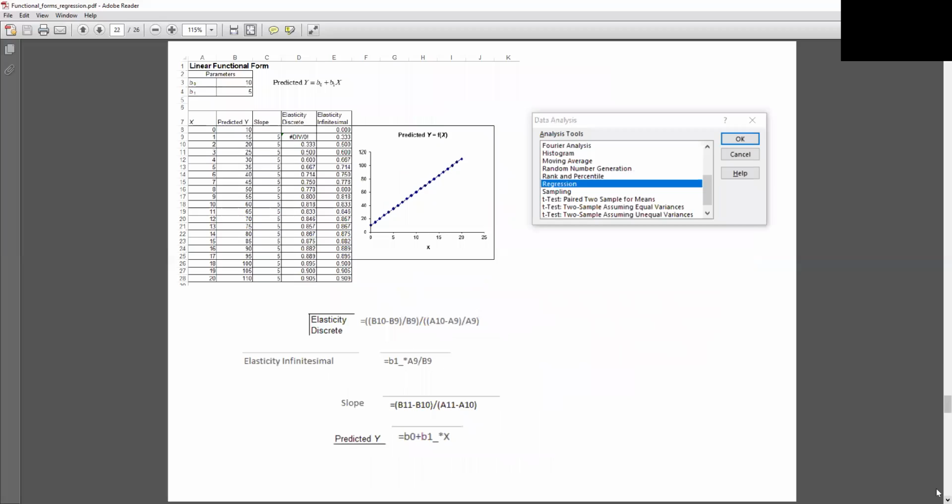Okay, now let us see. This is your linear functional form, where the predicted y is nothing but beta naught plus beta 1 x.